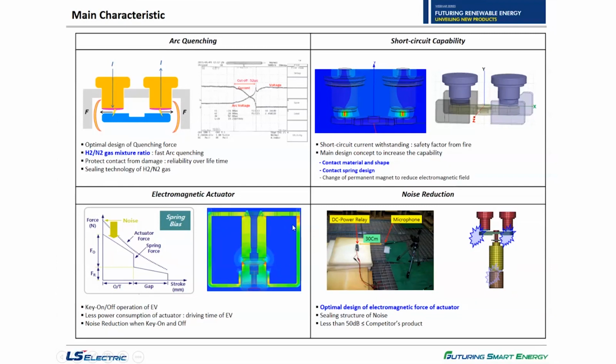Thirdly, the optimal design of the electromagnetic actuator should be considered with EM mapping technology. Last but not least, noise reduction technology should be applied to the design, pursuing not more than 50 dB during actuating force arrangement. Based on these four technologies, we can provide our DC conductor system with mass production.